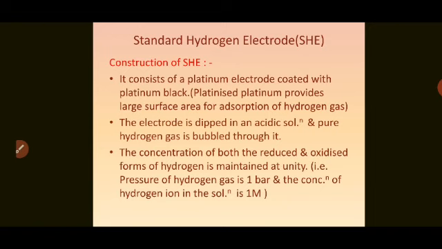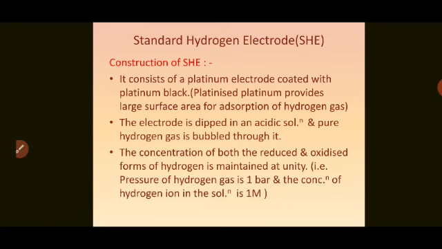Like that, here the hydrogen electrode is taken as the standard electrode whose potential is considered as 0. So, according to convention, a half cell called the standard hydrogen electrode, that is SHE, is assigned 0 potential.